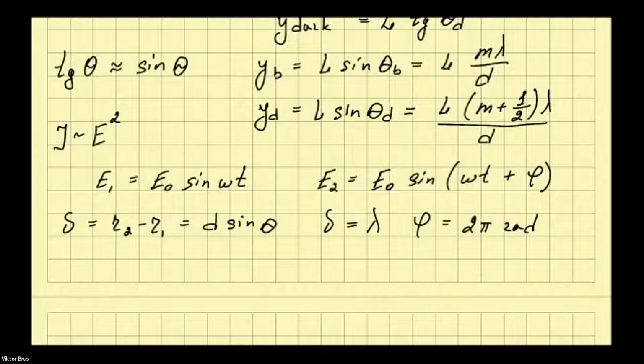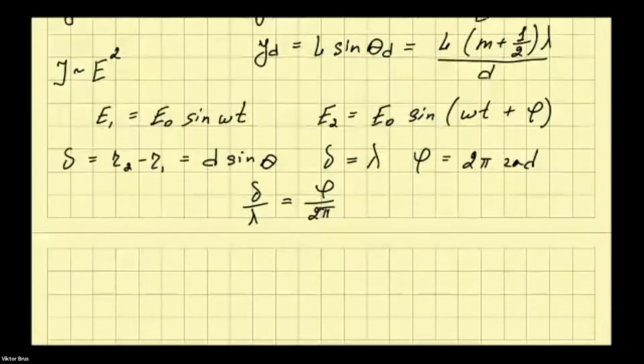So taking this into account, we can write that the path difference delta is the same fraction of wavelengths as the phase difference phi is of 2 pi. So we can write this ratio: delta divided by lambda is equal to phi divided by 2 pi.